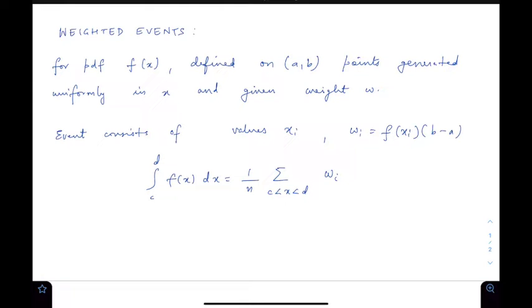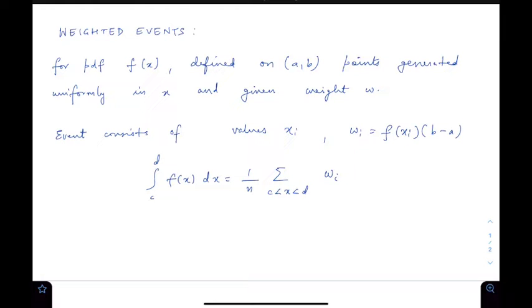So it's desirable that the Monte Carlo sample behaves statistically like the real event sample. For example, the variance of the average of n Monte Carlo points should be the same as that of the average of n real points. This is not the case with weighted events. The density of the Monte Carlo points where f(x) is small is the same as where f(x) is large, whereas in the real data the density of points is proportional to f(x).